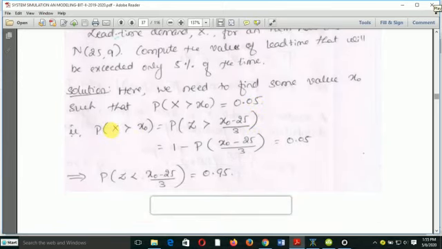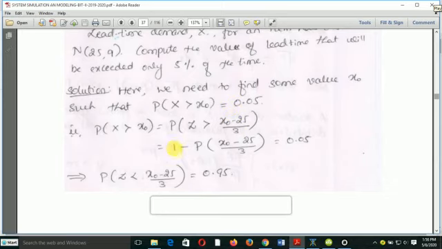So the probability that X is greater than x0 will be equal to P(Z > (x0 minus the mean) out of the standard deviation). This will be equal to 1, which is 100%, minus the probability of the opposite event.